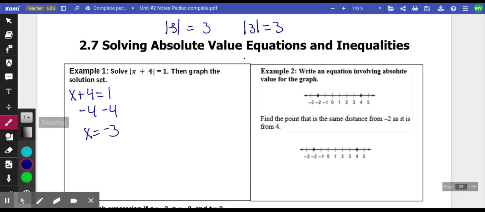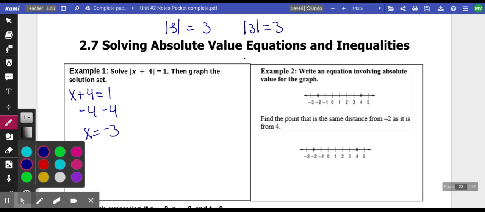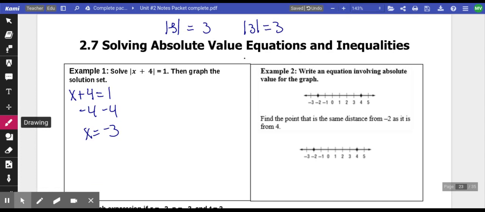My second equation that I need to solve is if what's inside my absolute value is negative. So I'm going to say -1 parentheses x plus 4, close parentheses, equals 1. So that's saying that what was inside the parentheses is negative, because keep in mind, the absolute value of -3 is 3.